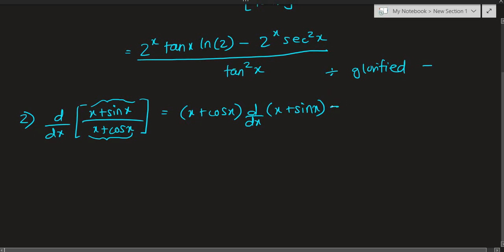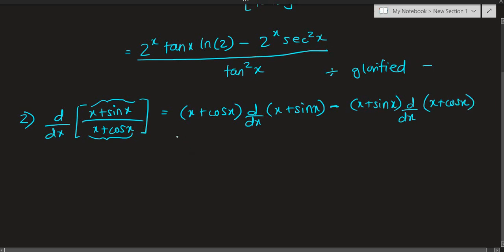So that's why minus here, against a plus that we had for the product rule. Minus, now you take the denominator function in for differentiation. So the numerator function will wait outside times the derivative of x plus cosine of x.